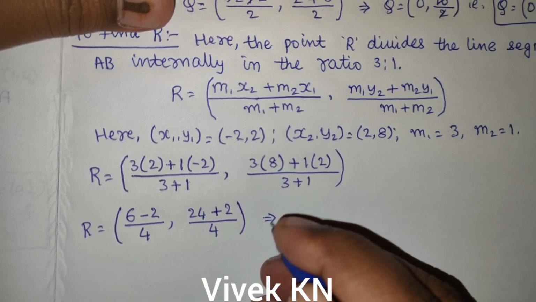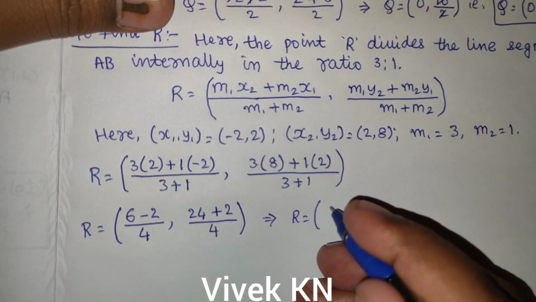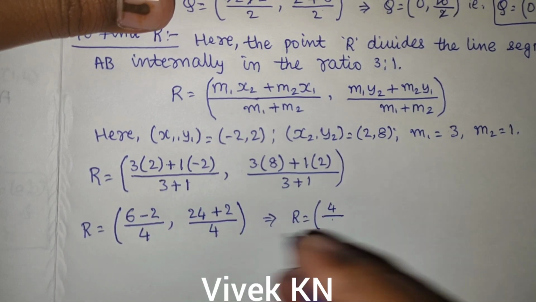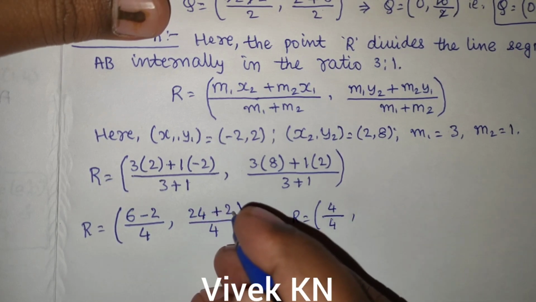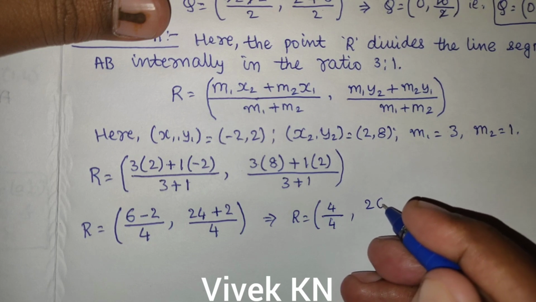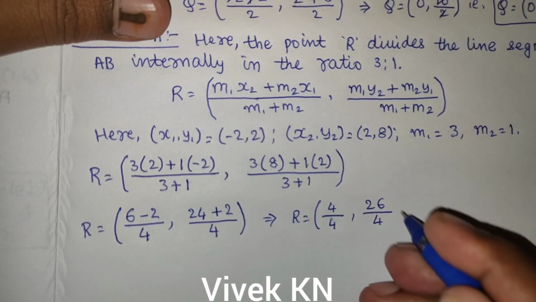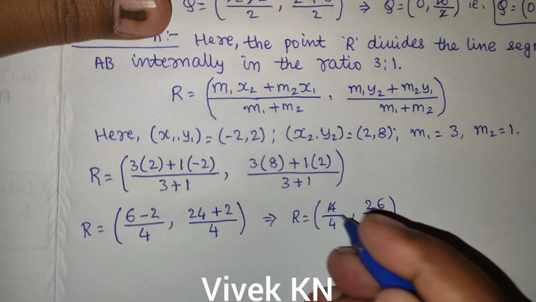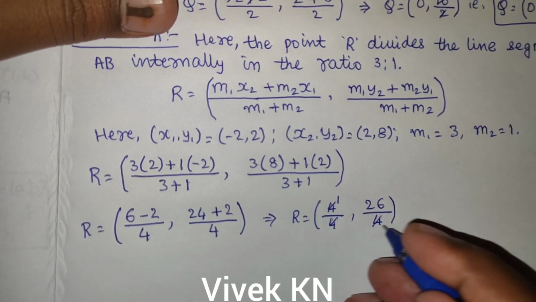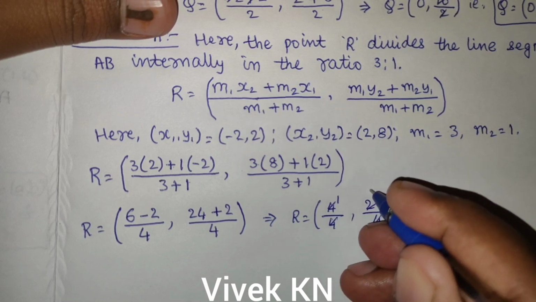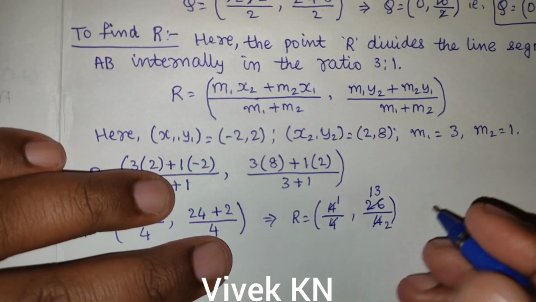That is R is equal to 6 minus 2 is 4, divided by 4, comma, 24 plus 2 is 26, divided by 4. Here 4 gets cancelled and the answer is 1. Dividing 26 by 4, we get 13 by 2.